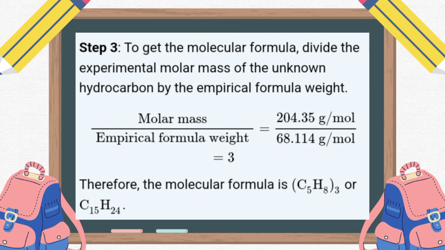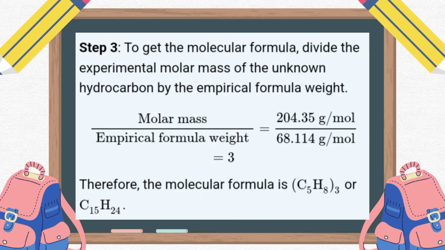So divide the experimental molar mass of the unknown hydrocarbon by the empirical weight. So guys, ang molar mass is given na siya. Ang ato ang pangitaon na lang is ang iyahang empirical formula weight, which is 68.114, as I showed in the previous slide.